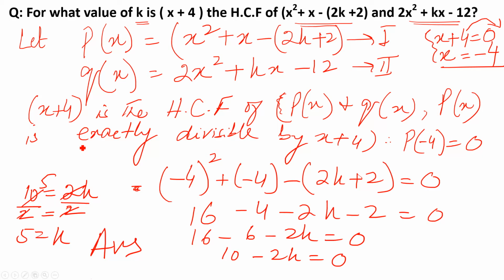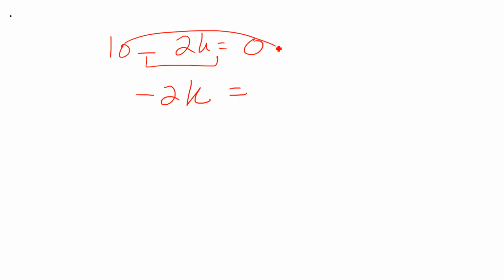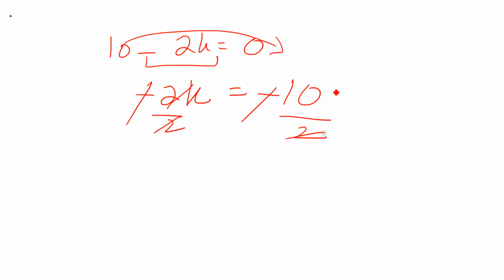Or, from 10 minus 2k is equal to 0, minus 2k will remain here and you just take this 10 to the other side. You can use either method. The negative will cancel out and divide. Both are the same. So k is equal to 5.